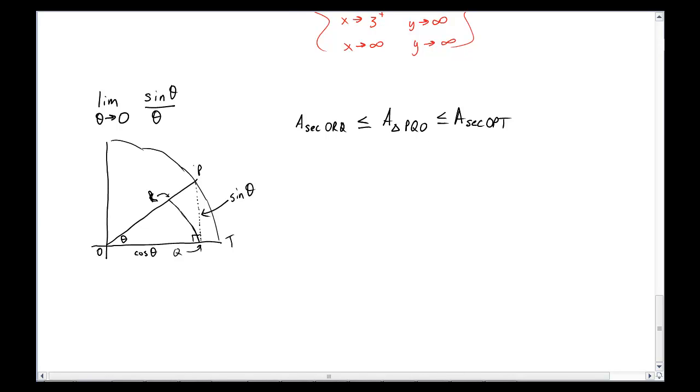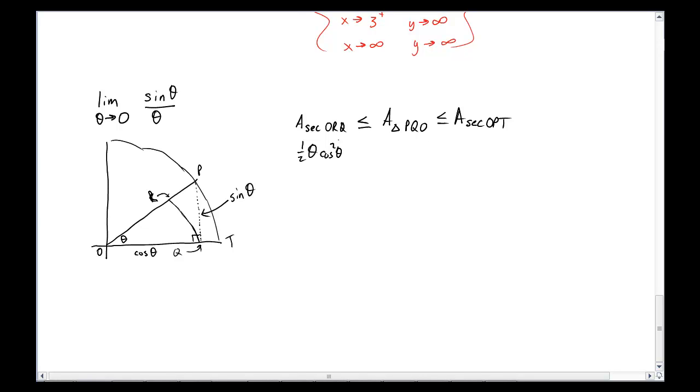We can get the sector of ORQ, right? That's just 1/2 theta, and then the radius. And the radius of that is cosine of theta squared, right? 1/2 theta r squared. Okay?